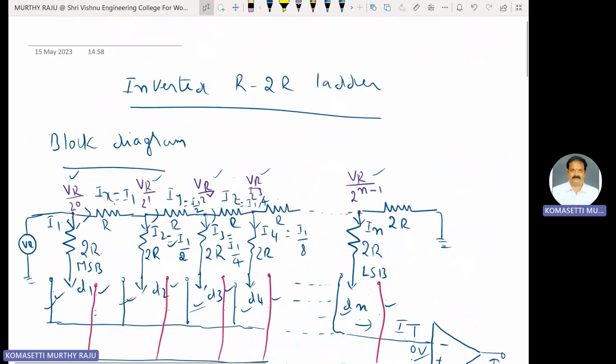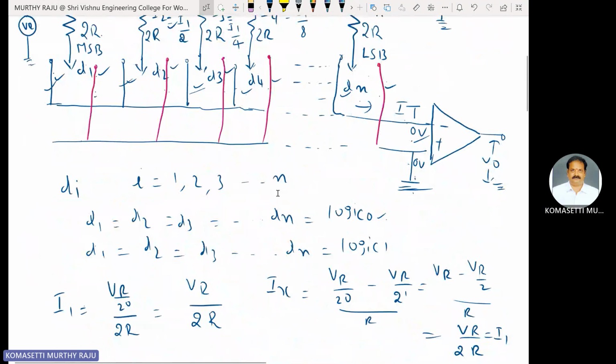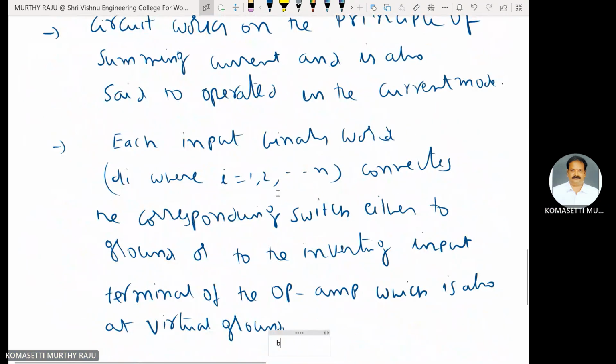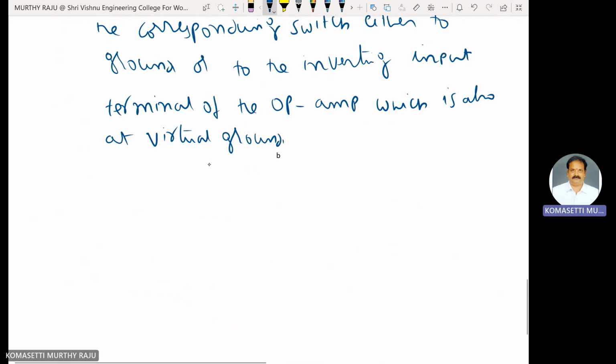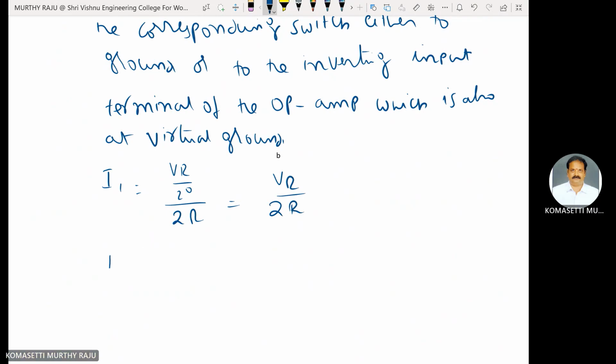Next, find out the output voltage. Consider currents I1, I2, I3, up to IN. We know that I1 is equal to VR by 2 power 0 by 2R, that is VR by 2R.